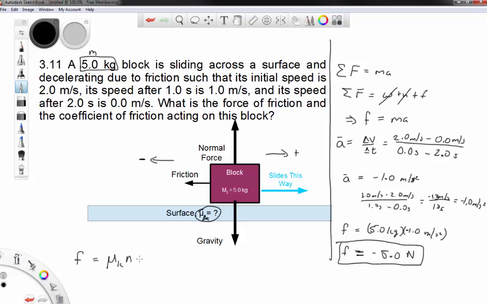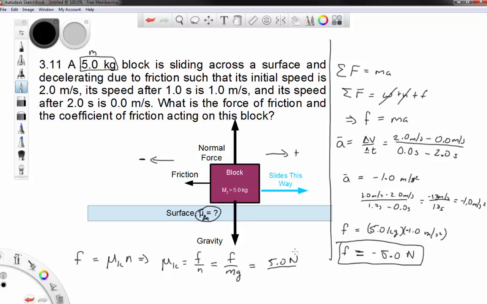So that means that the coefficient of friction should be the force of friction divided by the normal force, which should be equal to the force of friction divided by the weight, because the normal force and the weight are equal.